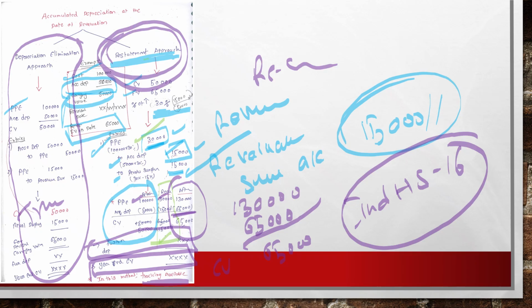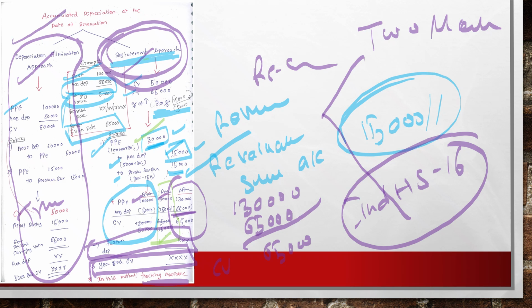Suppose in the exam they ask this question, you just do two methods. Or if they ask for a specific method, this approach or that approach, you should do it. As a student you should learn both approaches. If they do not ask specifically, you do this restatement approach, and also say that it is appropriate because tracking is available.